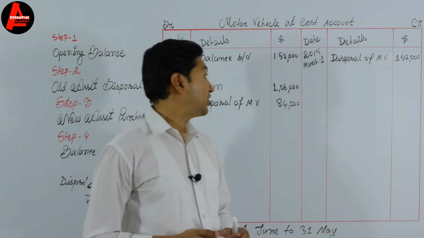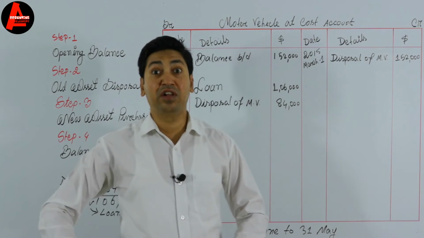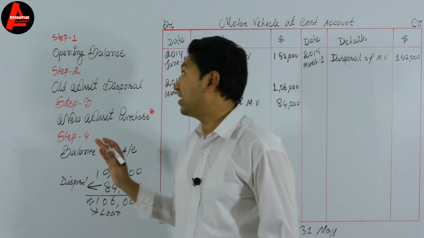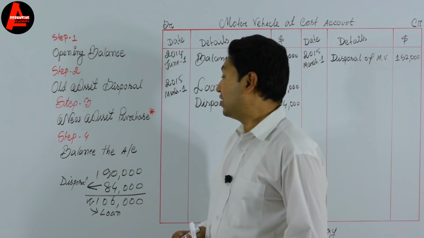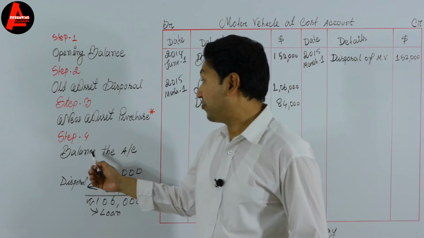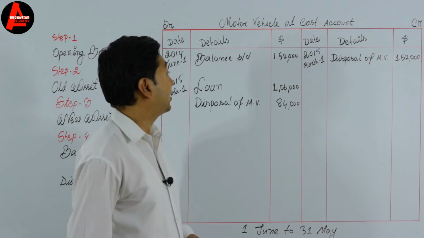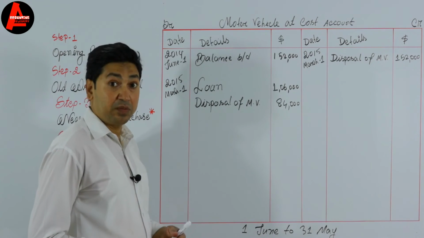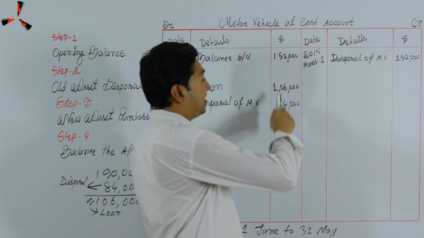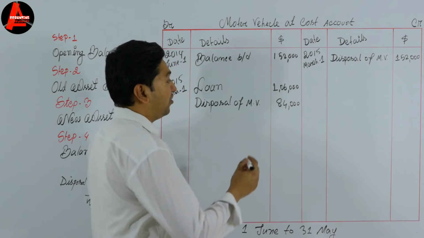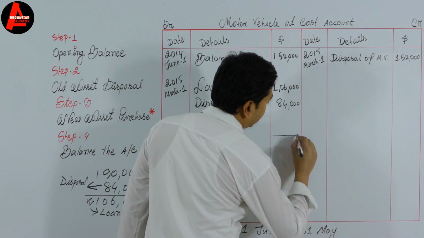So now what to do? We need to balance it, because we recorded all the purchase and asset related transactions, meaning motor vehicle related transactions. So how to balance it? It is step 4. Balancing is quite simple. We need to check the larger column, the greater column. Which column is greater? If we check, we see the debit column is greater in value. So let us sum up the debit column first.